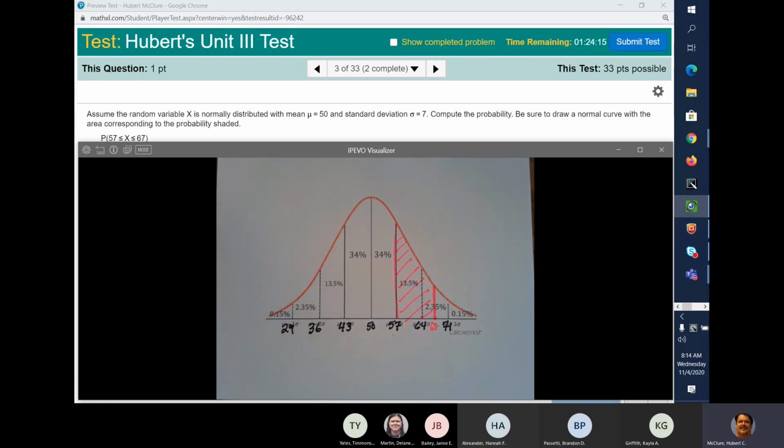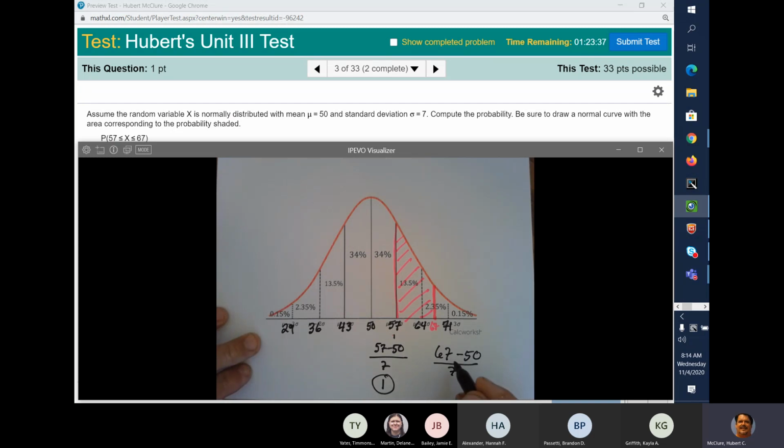Now, if you've got a new calculator, you don't have to do anything. If you've got an older calculator, you're going to have to find the z-score for 57 and 67. 57 minus 50 over 7, and 67 minus 50 over 7. And that's going to be 1. That's your z-score there. And then here, we don't know because it's between two z-scores. I'm going to say it's going to be around 2.4.